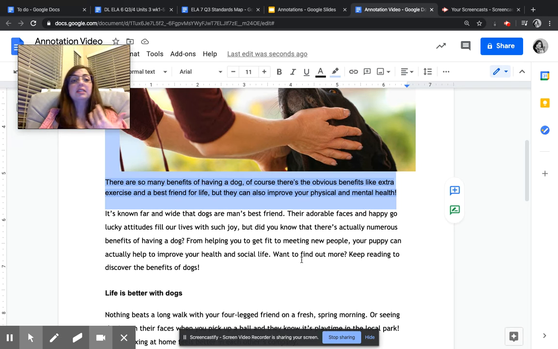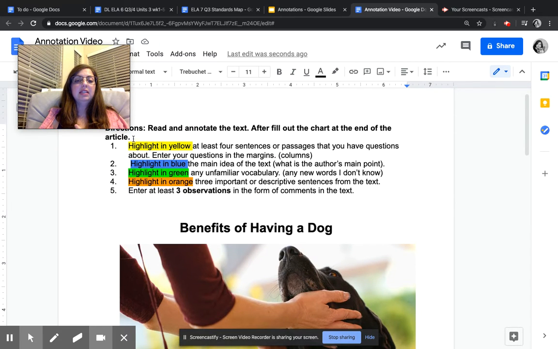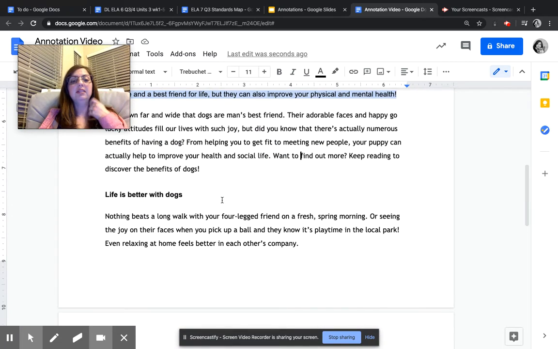I'm pretty sure that's going to be the main idea of the article. I chose a little bit of a lighter blue so I could see the text better. You guys can use a lighter blue or a lighter color. If these are too dark, that's fine, but please stick to the right colors. All right, I'm going to read the next one.